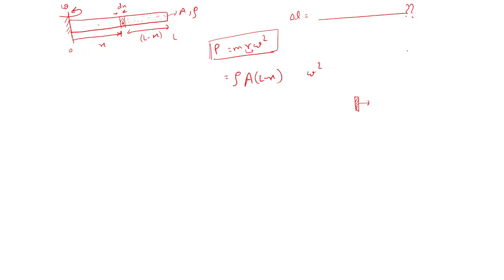What example I have given to you: this is the point mass m, and this is the distance r, and it is rotating with omega. So the usual centrifugal force is m r omega square, and its center of gravity is only this point.